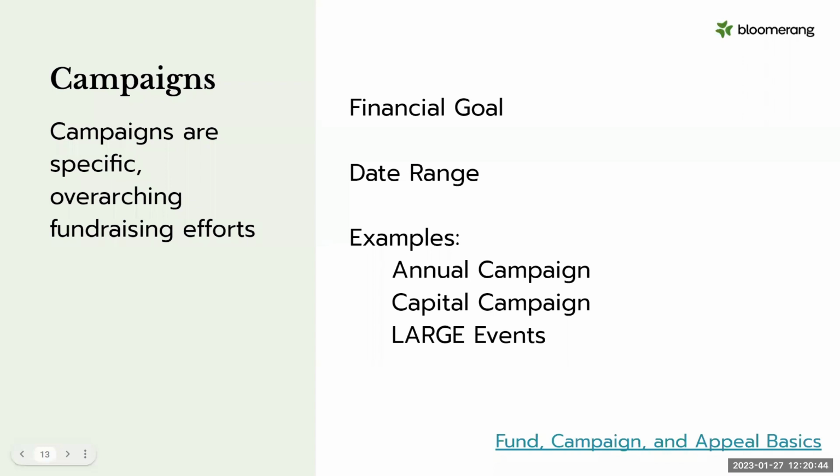I will note that in Bloomerang, each campaign typically is entered with the years attached or associated with the campaign. For example, capital campaigns are oftentimes multi-year efforts. So for example, naming it like your 2020 to 2025 capital campaign can be really important to know which capital effort it belongs to.